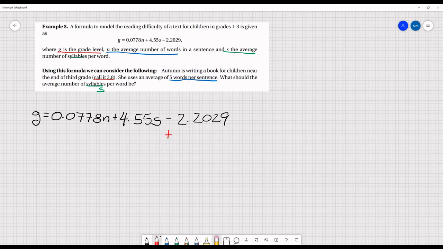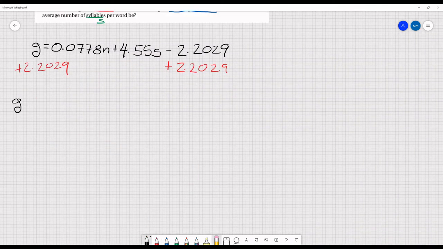Add 2.2029 to both sides. This gives me G plus 2.2029 is equal to 0.0778N plus 4.55S.